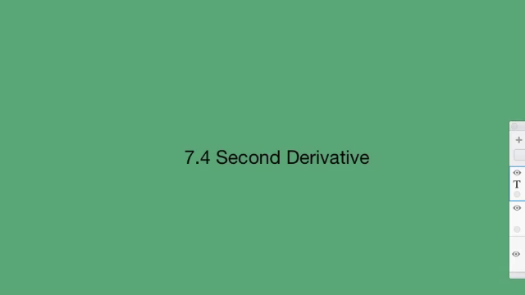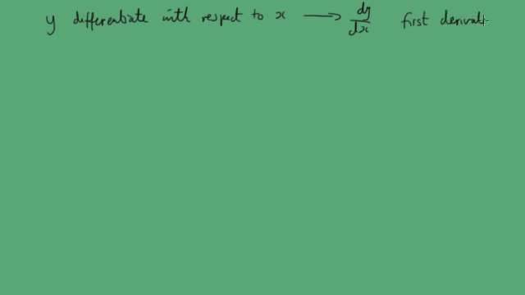Today we're going to be talking about second derivatives. So we know that if we have y and we differentiate it with respect to x, we get dy by dx, and we call this the first derivative because we can differentiate dy by dx with respect to x again.